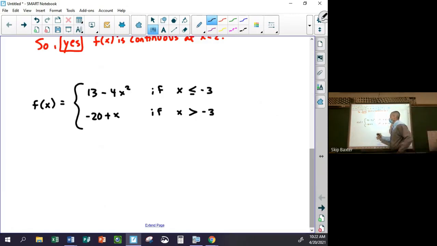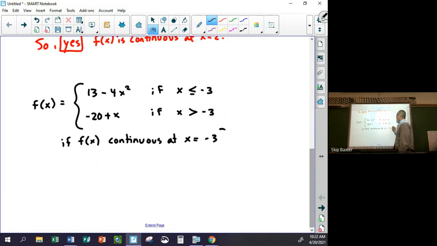Okay? And the question is, is f of x continuous at x equals -3? So again, the shortcut is, make sure -3 is over here. It is. It's included in that interval. So that's the first part of it.